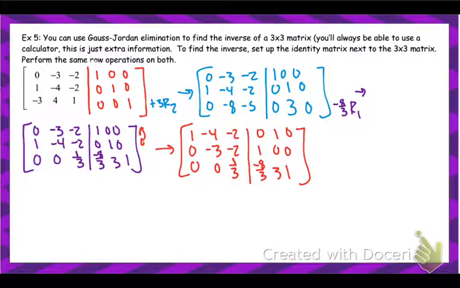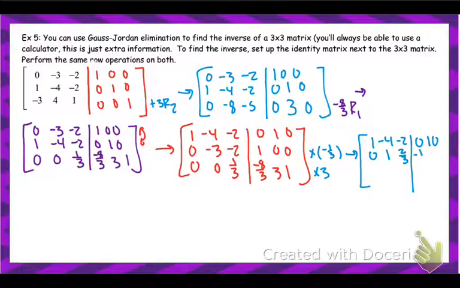So in order to get those ones, I'm going to multiply by a negative 1/3, and I'm going to multiply by 3. Top row is not changing. So I've got 0, 1, 2/3, negative 1/3, 0, 0, negative 8, 9, and 3.